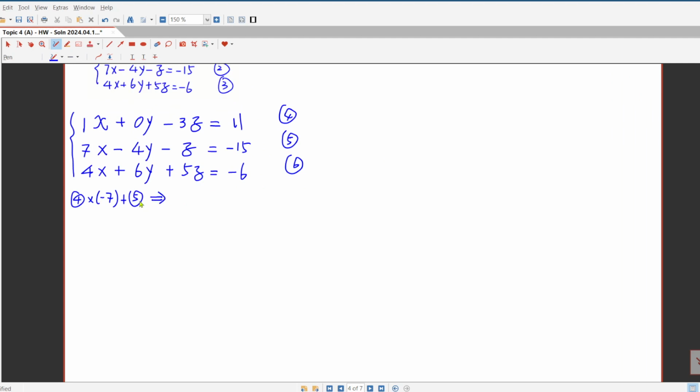So this will give us 0x, and minus 4y, then plus 20z equals, so -77 minus 15, right? -92.